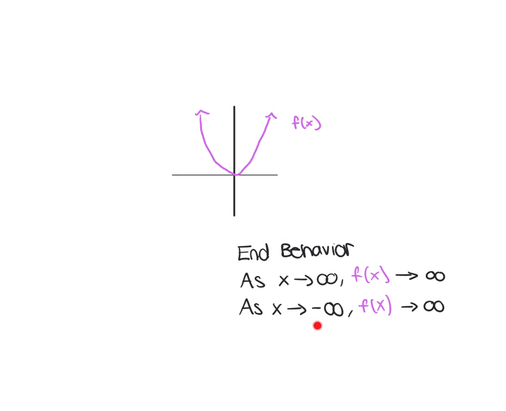The idea is as x goes to the left, f of x will go towards positive infinity, and as x goes to the right, f of x will go towards positive infinity. Sorry, I said it incorrectly before when discussing x going to the left, but it was supposed to be positive infinity.